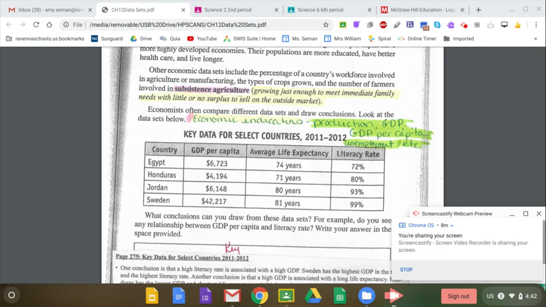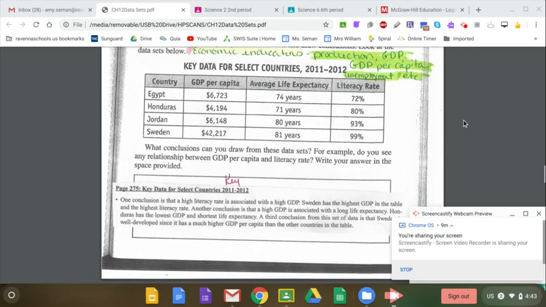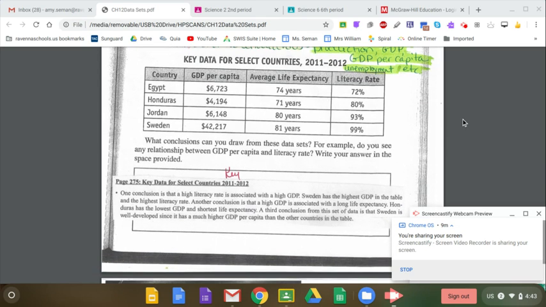Economists also compare data sets and draw conclusions. Look at the data sets below. And then the term economic indicators is a term you also needed to know, and that was the production, GDP, GDP per capita, and unemployment. We went over this section, and you had this for homework. There was some trouble with some of you comparing and looking.